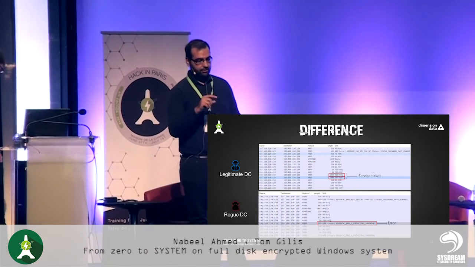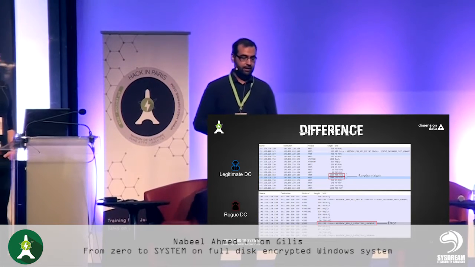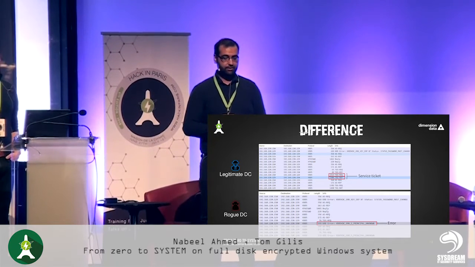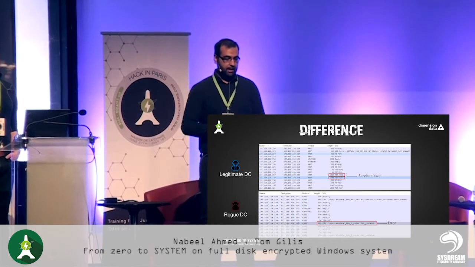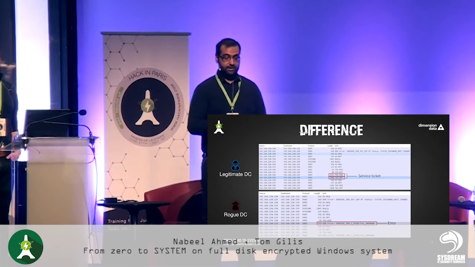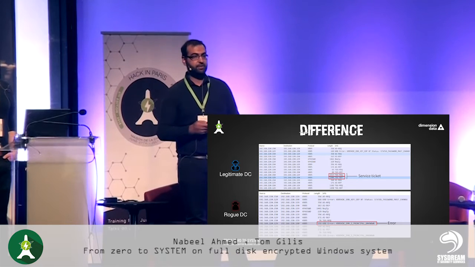As you can see, there are two screenshots. The first one is a legitimate domain controller, which has a specific ticket that is a TGS request and a TGS response, which are basically service tickets. If we use a rogue domain controller, a fake domain controller with the same domain name, we get an error: service principal name unknown.